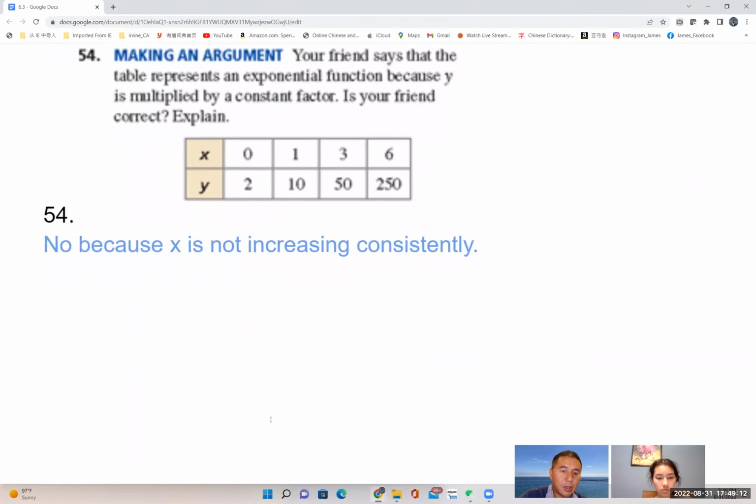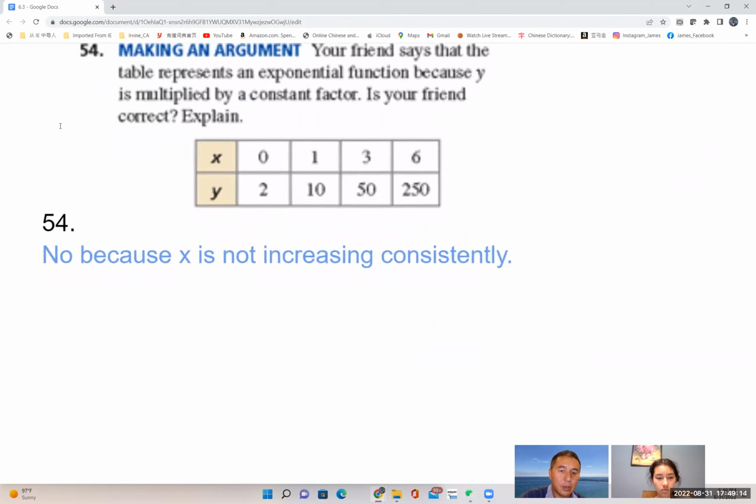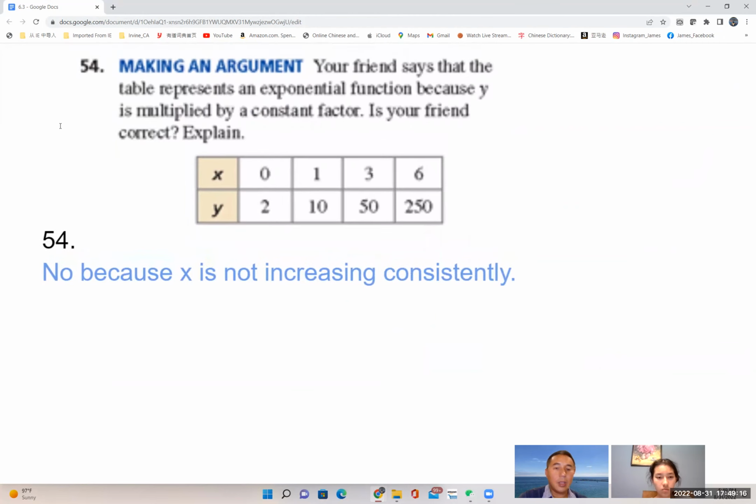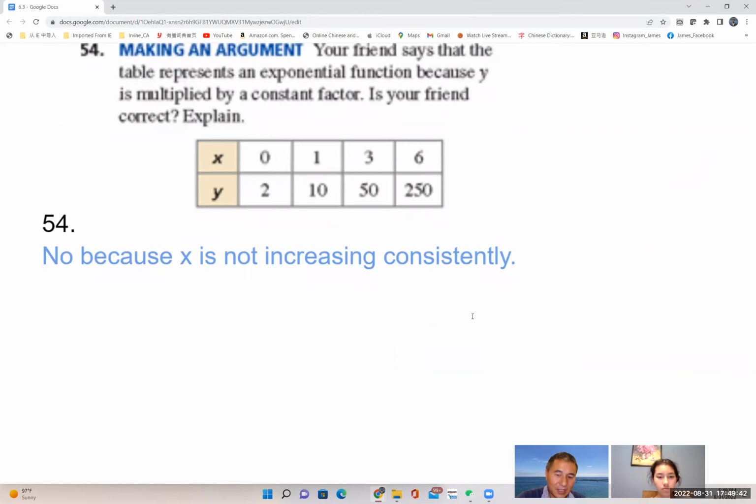Your friend says that the table represents an exponential function because y is multiplied by a constant factor, or like a common ratio, right? Is your friend correct? No, because x is not increasing consistently.